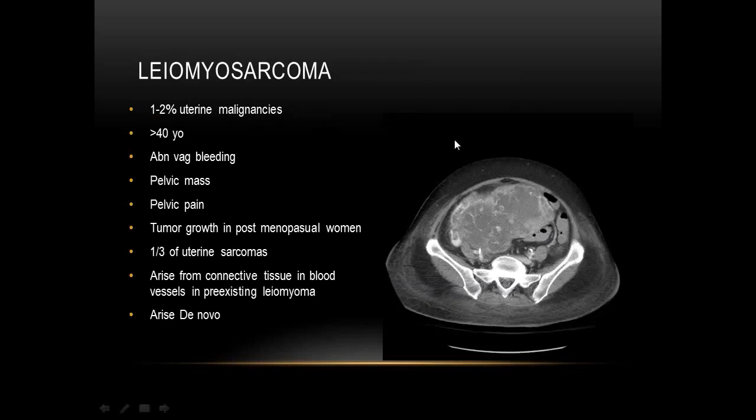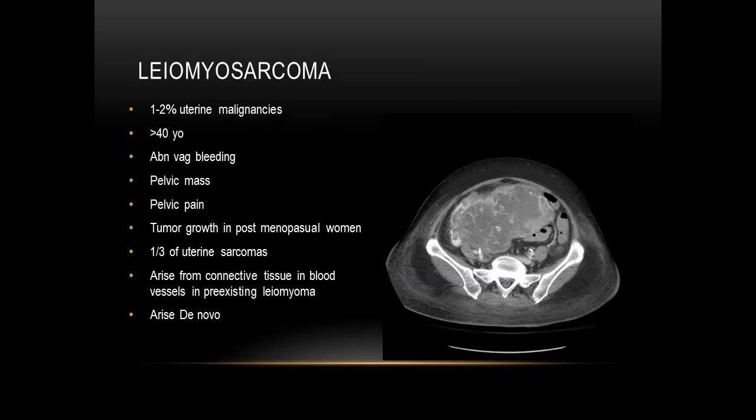This is an example of a leiomyosarcoma. It's 1 to 2% of all uterine malignancies. Usually they occur in women greater than 40, with abnormal vaginal bleeding, pelvic mass, pelvic pain, tumor growth, or in a postmenopausal patient.